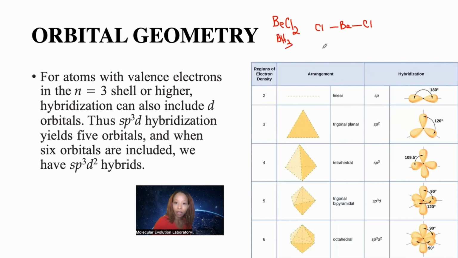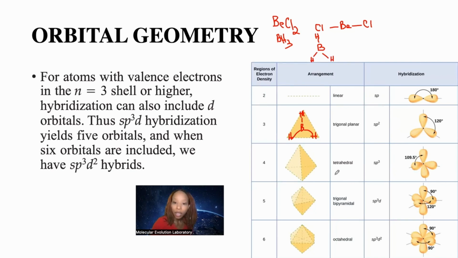So we would have a B in the middle and 3 hydrogens. Remember that we said that boron likes to give away 3 electrons. So this would basically be the structure, B with H, H, H. This is trigonal planar with a bond angle of 120 degrees.